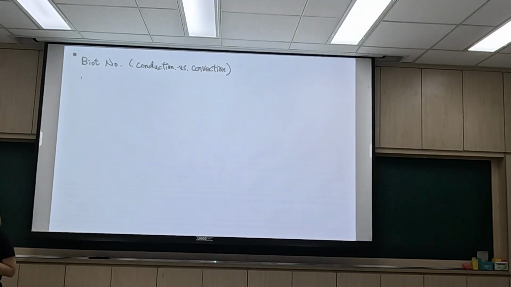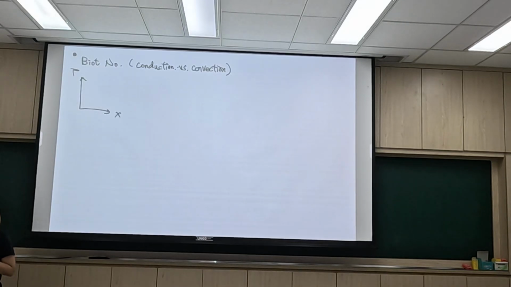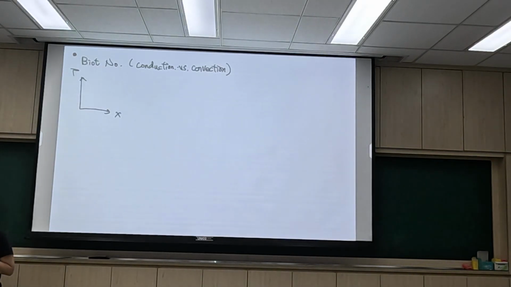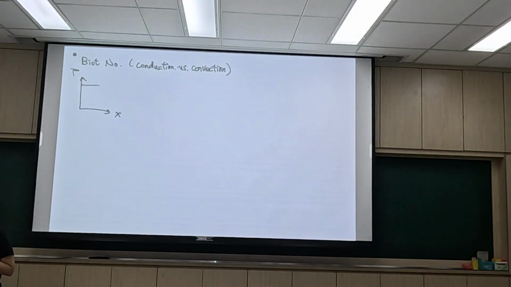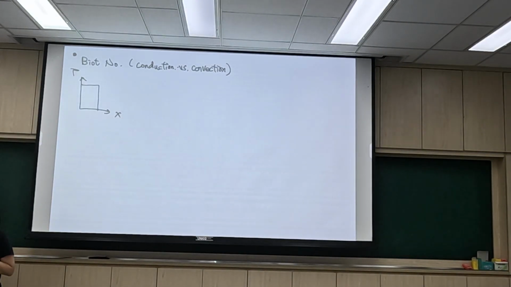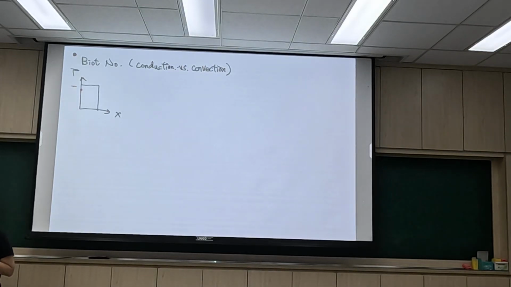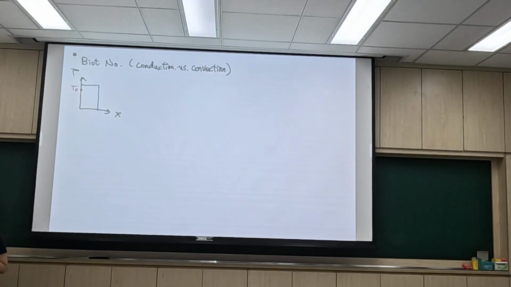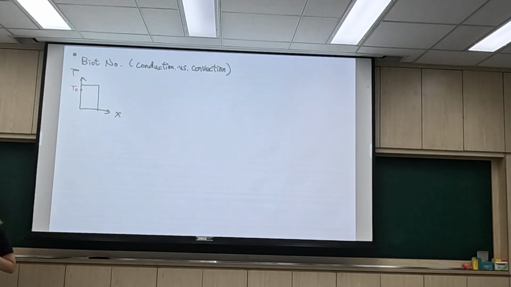So now we take an example. We have the x and T graph, and let me draw a wall. That's something we already mentioned in previous study. There's a temperature on the wall, we call it T0 or T outside.